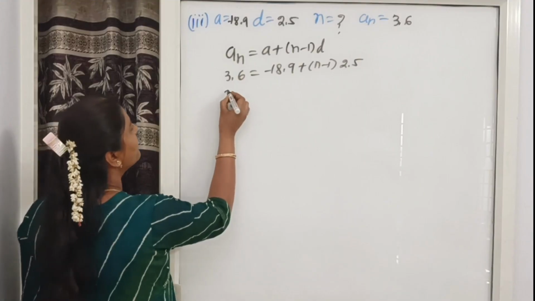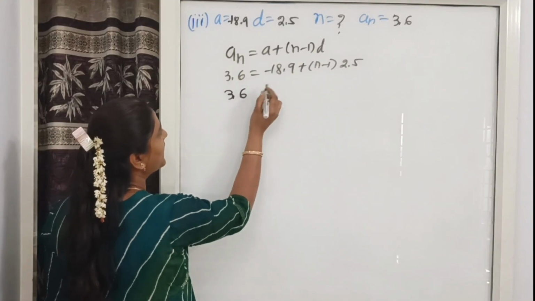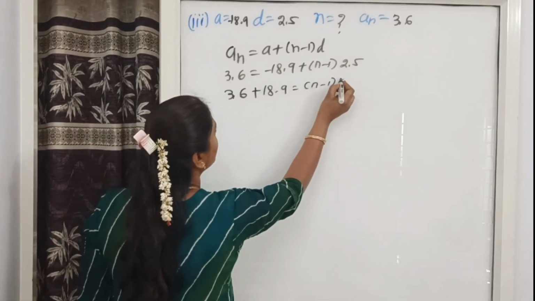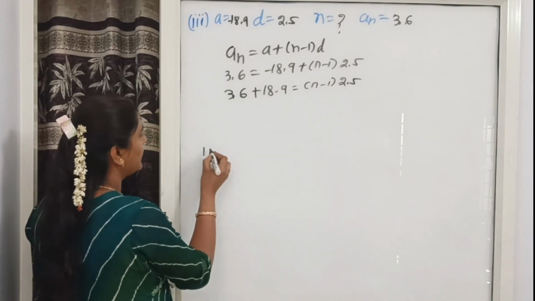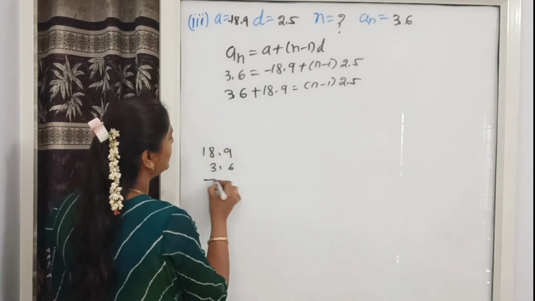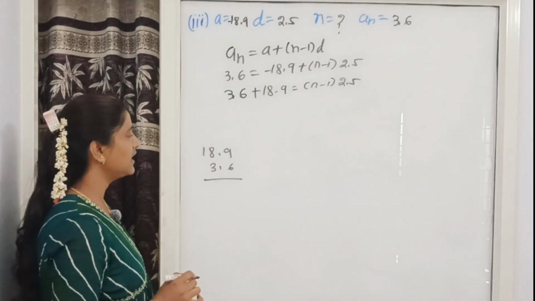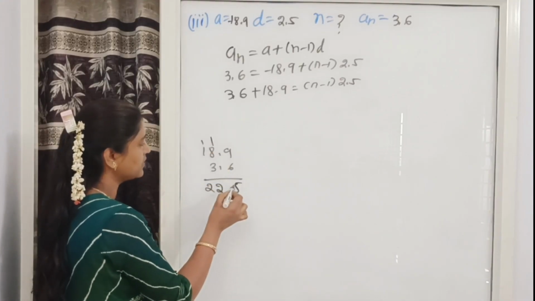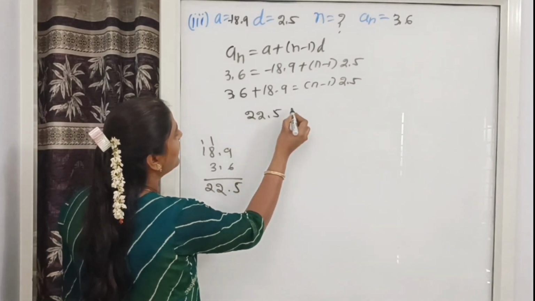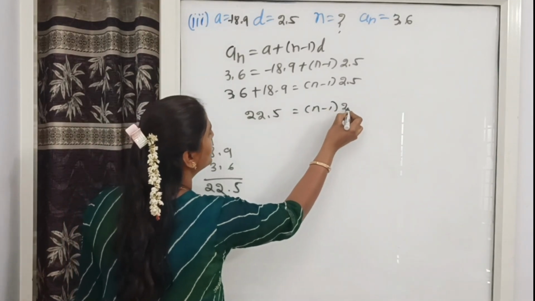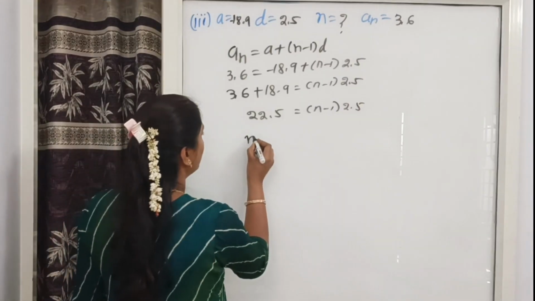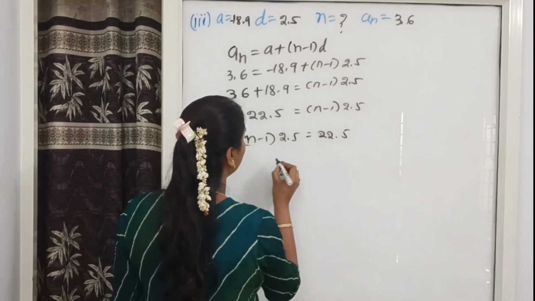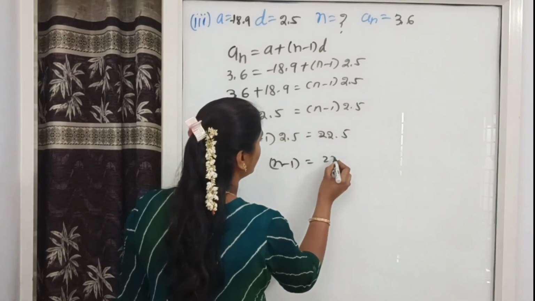So here 3.6, if I transpose the minus 18.9 to the left hand side, it becomes positive: 18.9 plus 3.6 is equal to n minus 1 into 2.5. 9 plus 6 is 15, 1 is the carry, 9 plus 3 is 12, plus carry 1 is 13, so the answer is 22.5. So n minus 1 into 2.5 is equal to 22.5.